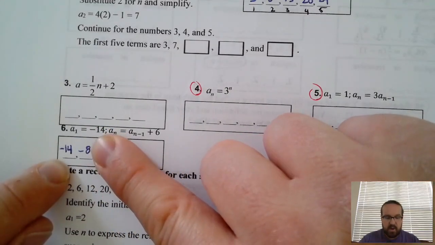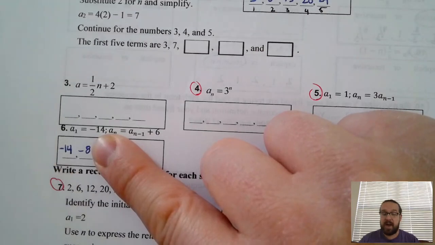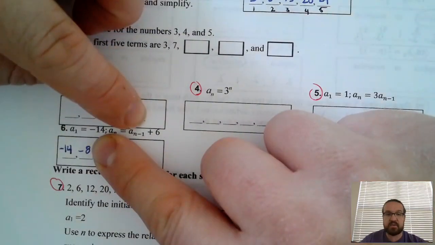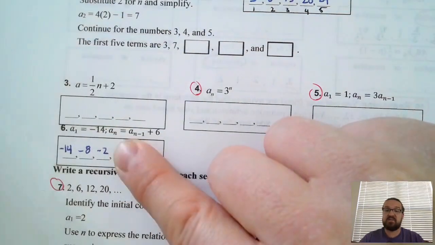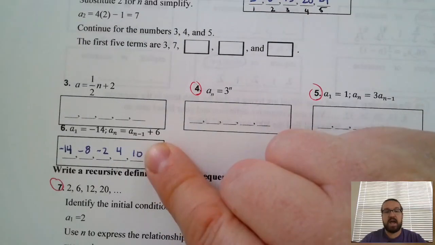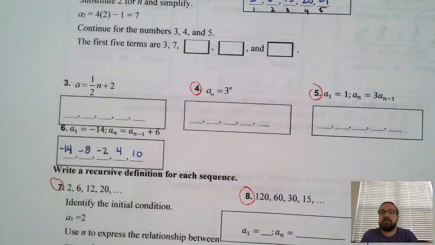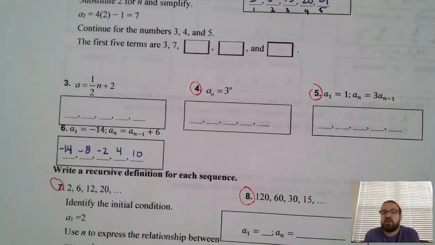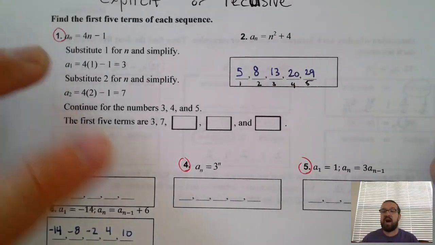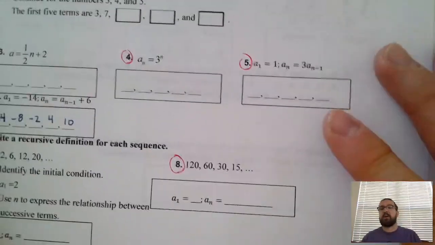Well, now in order to find the third part in the pattern, I'm going to take negative 8 and plug it into there, so the previous answer plus 6, so negative 8 plus 6, negative 2. Negative 2 plus 6, that's a 4, and 4 plus 6 is 10. All right, so that's how we could do the recursive one. That might be helpful if you have a recursive problem to do on either 1, 4, or 5. All right, so those are the top 3 that I'm asking you to try here.